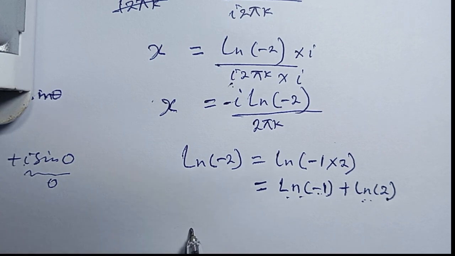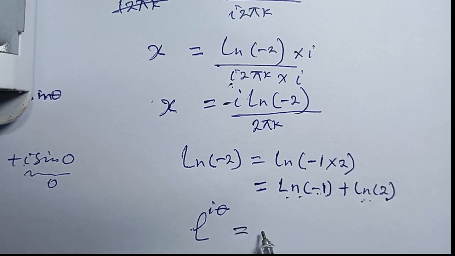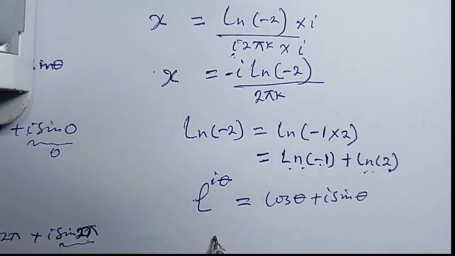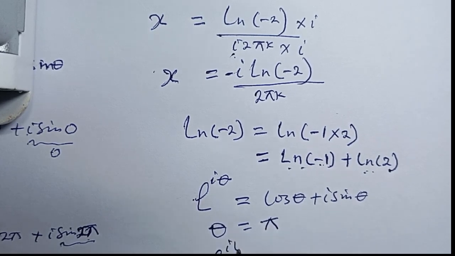In order for us to get an expression for negative 1, we just need to consider the polar exponential equation we looked at earlier on, which is e to the i theta, which we define as cos theta plus i sine theta. When we substitute theta equal to pi, this exponential equation changes to negative 1.